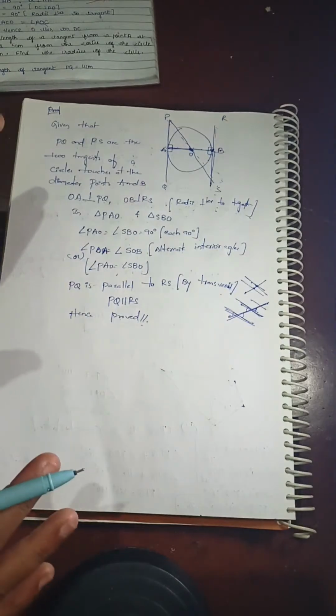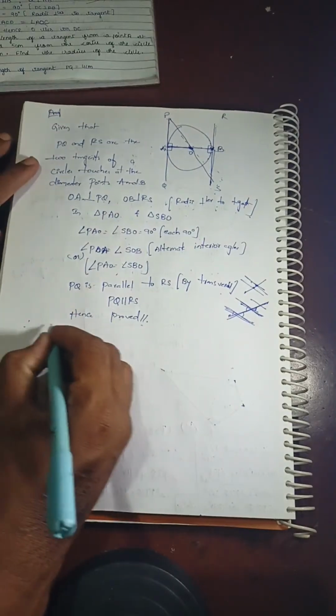Therefore, the tangents drawn from the ends of a diameter of a circle are parallel.